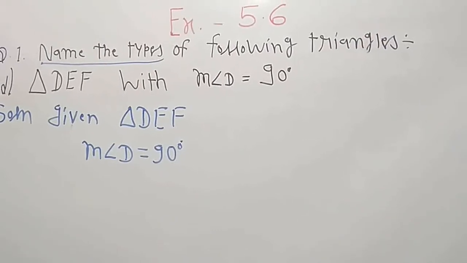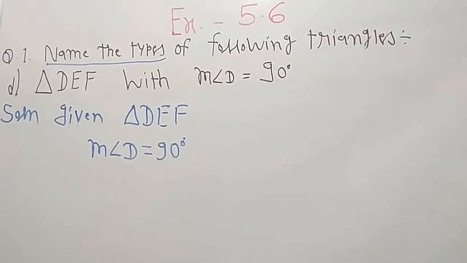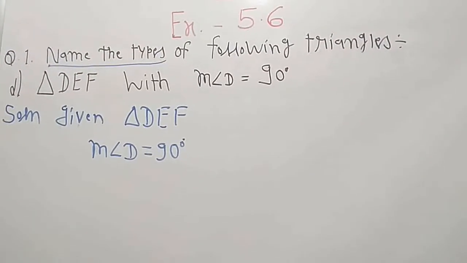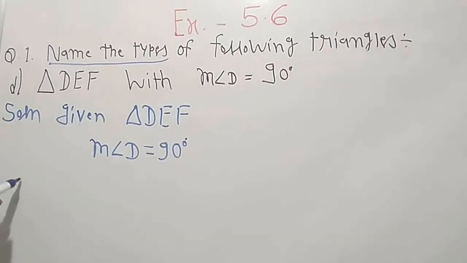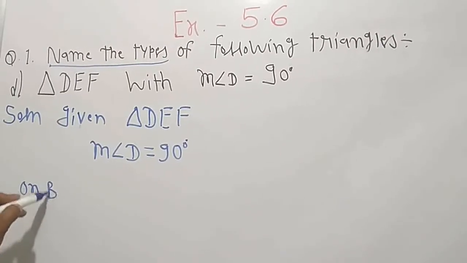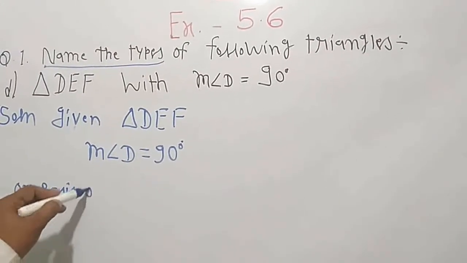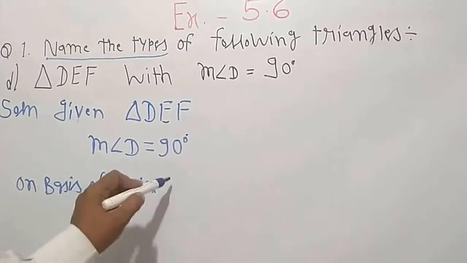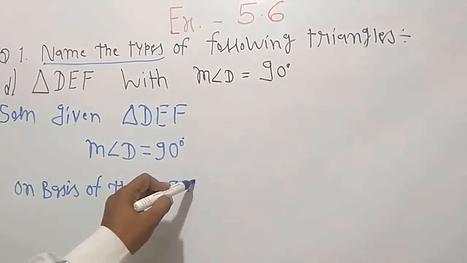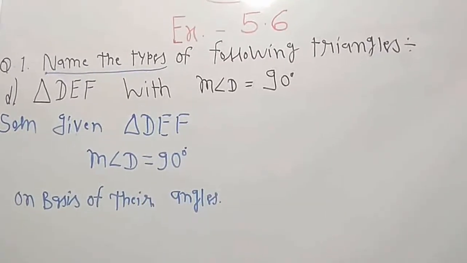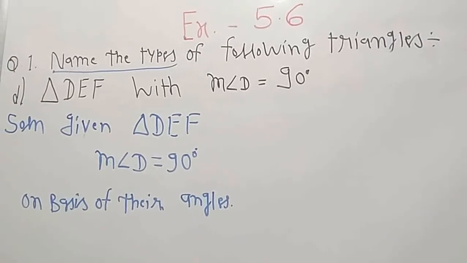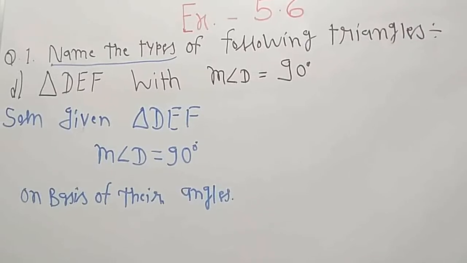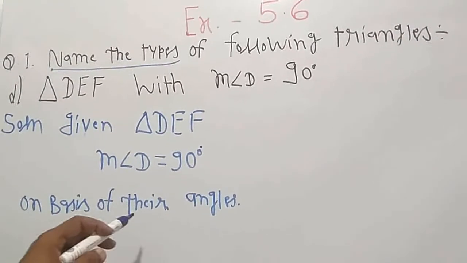We can write the types of triangles on the basis of their sides and on the basis of their angles. Here we can write angles because earlier three parts are based on the sides, in which two are, one is scalene, the second one is the equilateral, and the third one is on the basis of their angles.